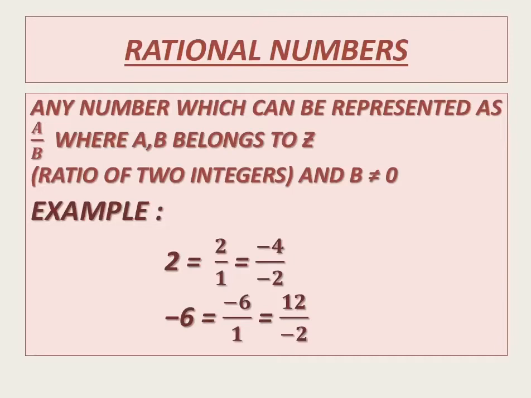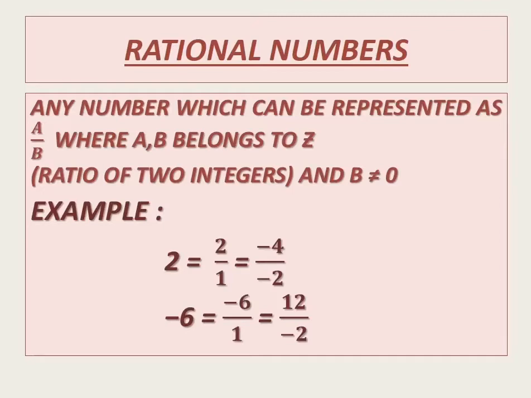As you know, integers are all the positive numbers and all the negative numbers. Now here the negative number, -6, is an integer, right? -6 can be represented as a ratio of two integers. How? Same like this. -6 is equal to -6 over 1, which is the ratio of two integers.